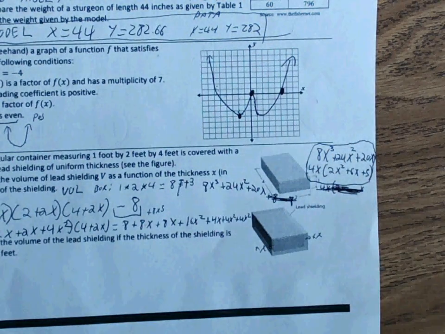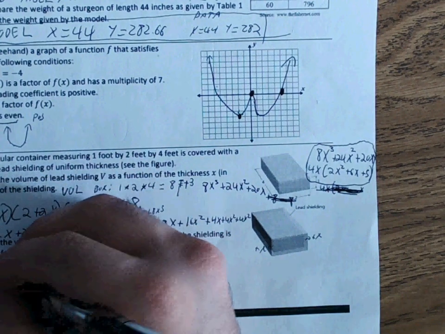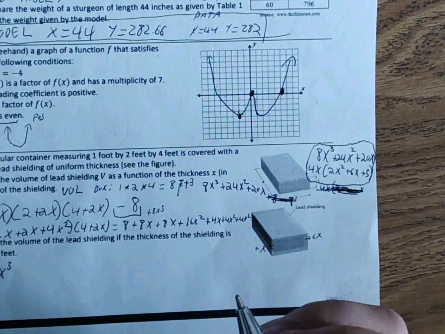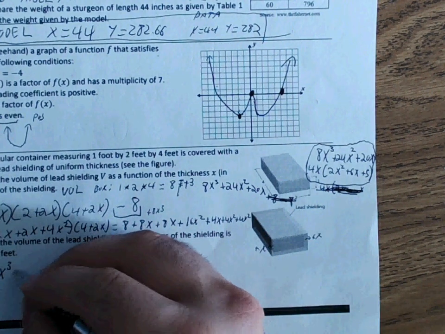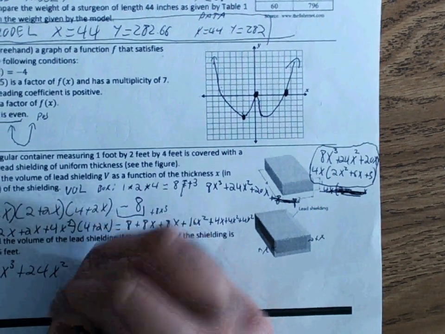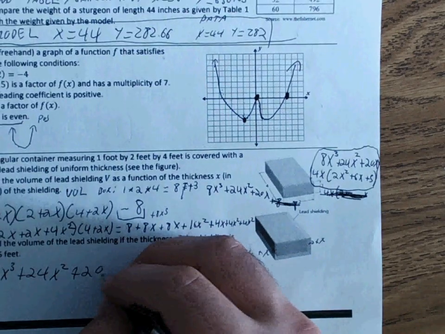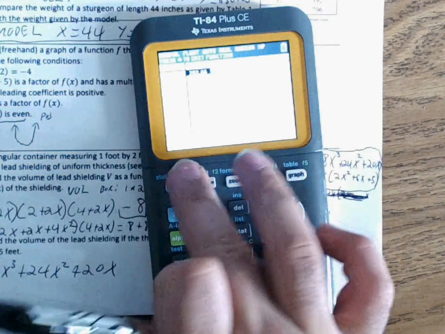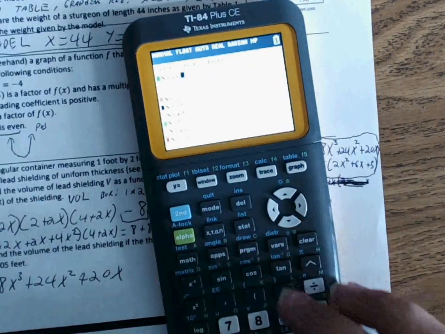Find the volume of the lead shielding if the thickness of the shield is 0.05 feet. So I'll have 8x cubed plus 24x squared plus 20x. So to find that volume, I'm just going to plug that into my calculator.